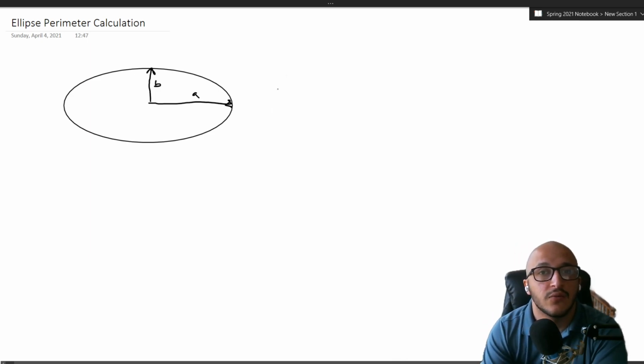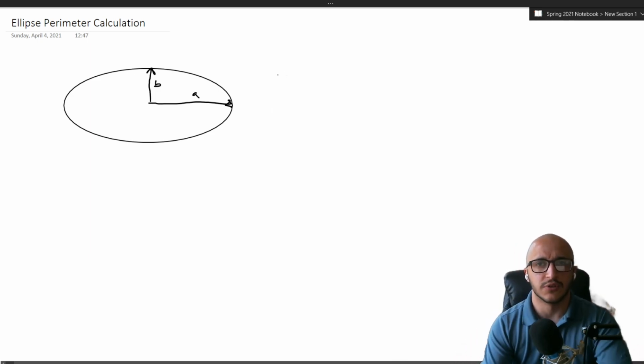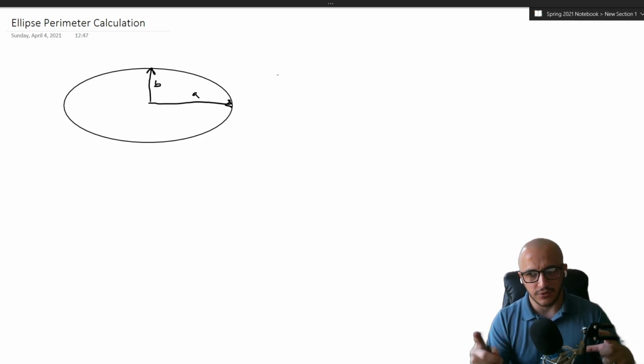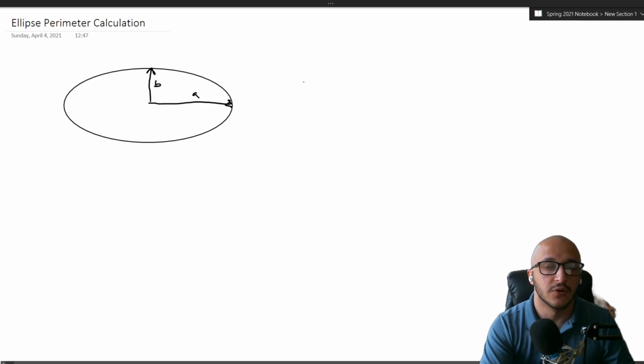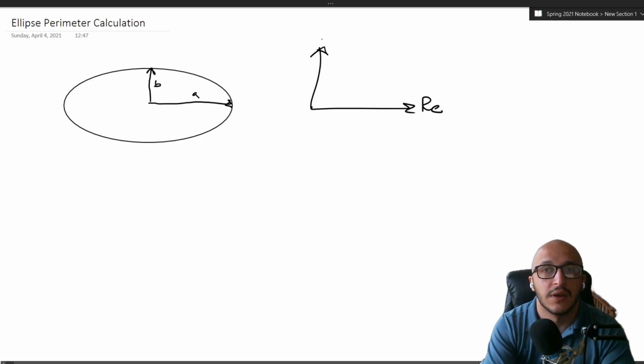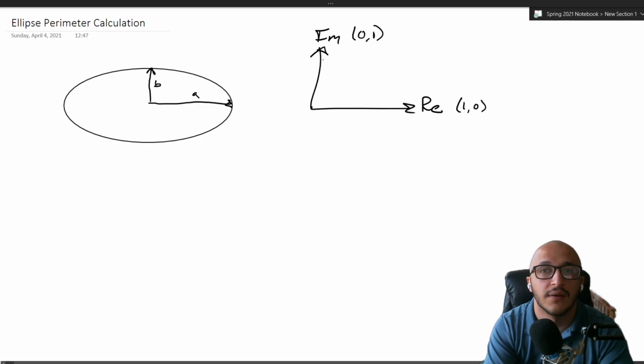The way that I decided to approach it is to look at an ellipse as a unit circle. Keep in mind your unit circle is a circle around the real and imaginary components, where real equals 1, 0. This is 0, 1. And you have a circle going around here.